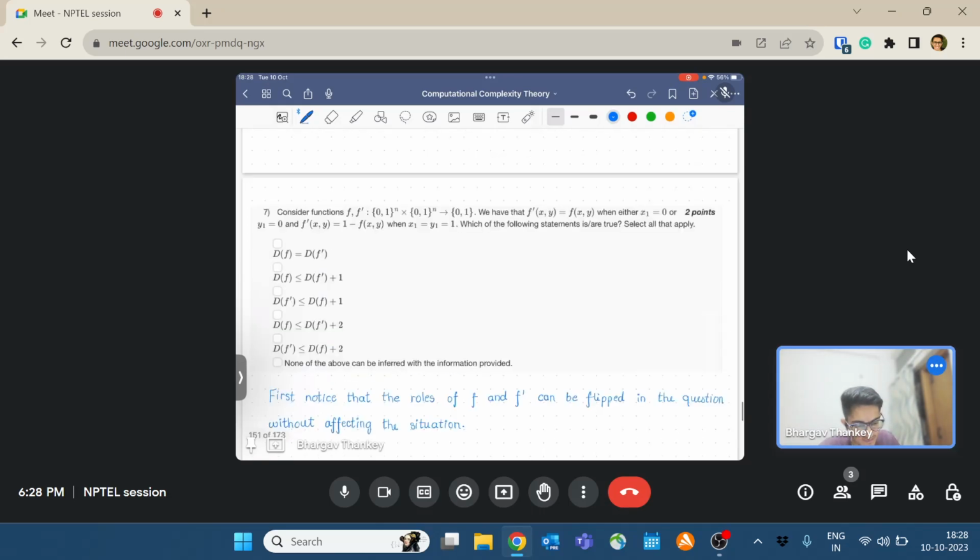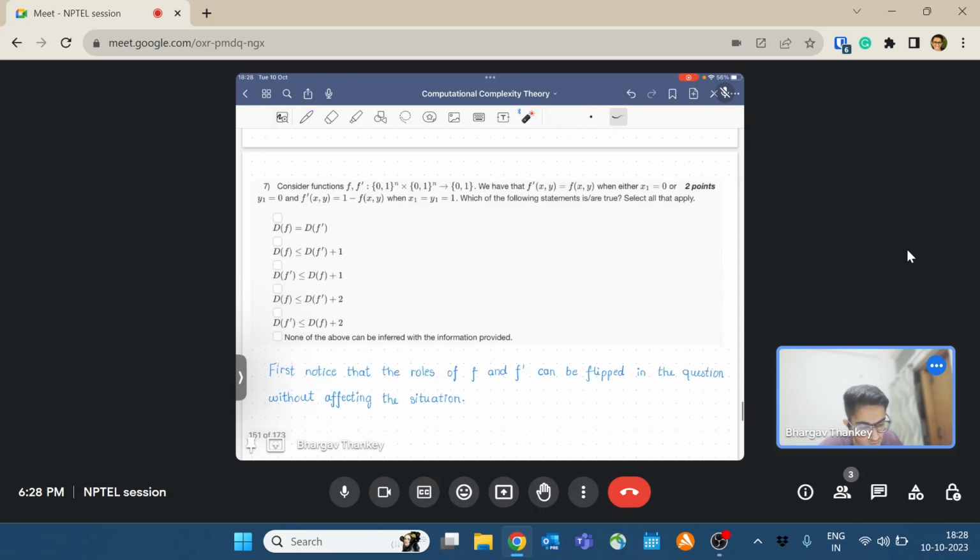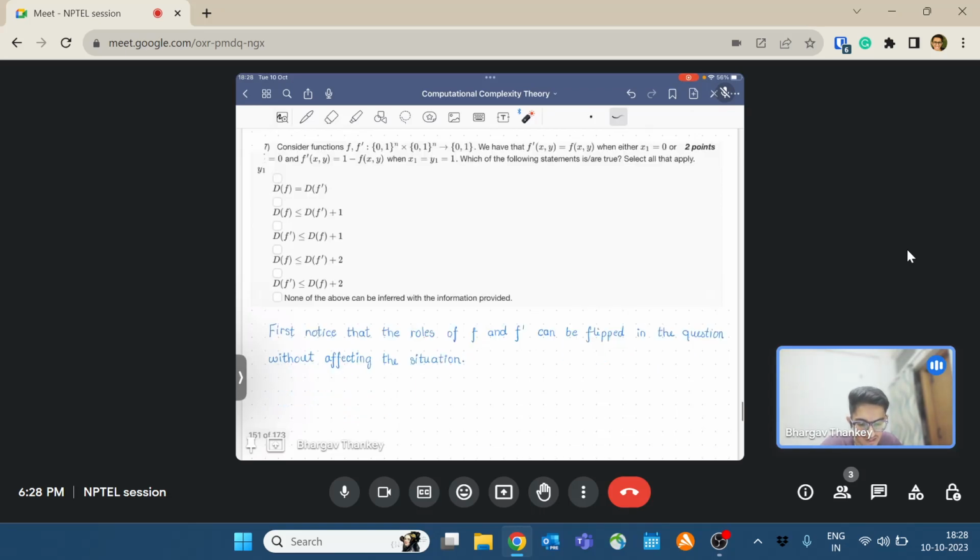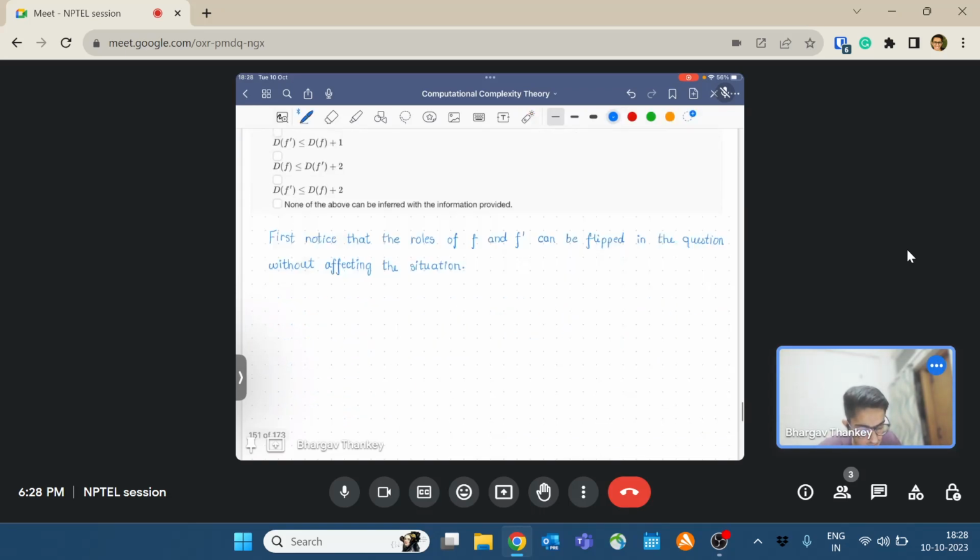Over here I could easily have flipped the places of f and f prime, and you would still be in the same situation, right? So what this tells us is that the situation is symmetric.